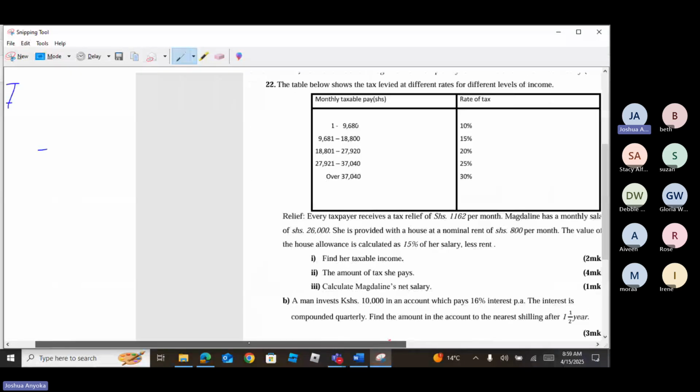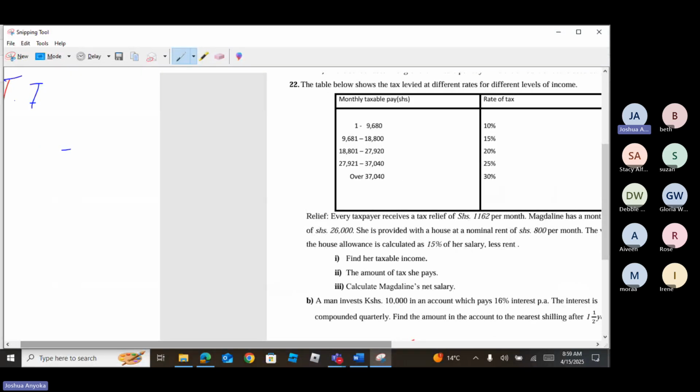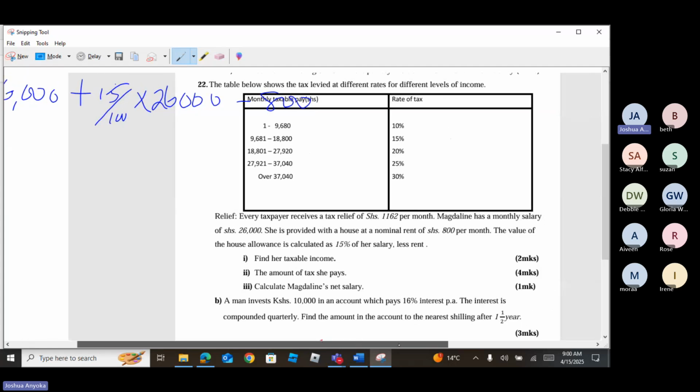So taxable income for this person is 26,000 plus 15% of 26,000, less nominal rent, less 800. We don't have allowances in this question.